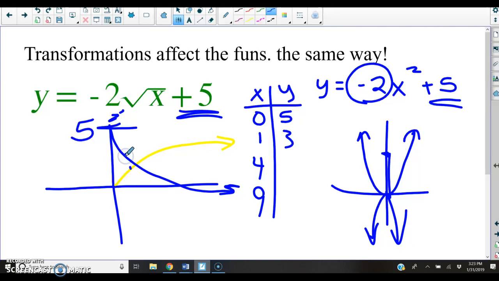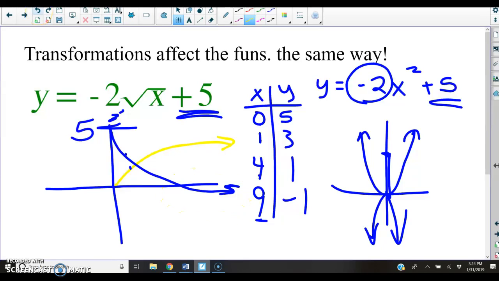So there's my 1, 3. Square root of 4 is 2 times negative 2 is negative 4, plus 5 is 1. Square root of 9 is 3 times negative 2 is negative 6, plus 5 is negative 1, so it can certainly go below the x-axis like I have it here.